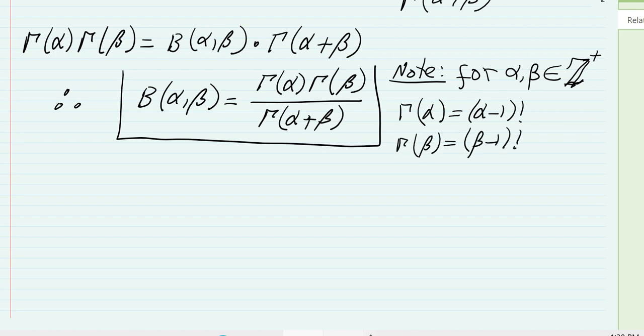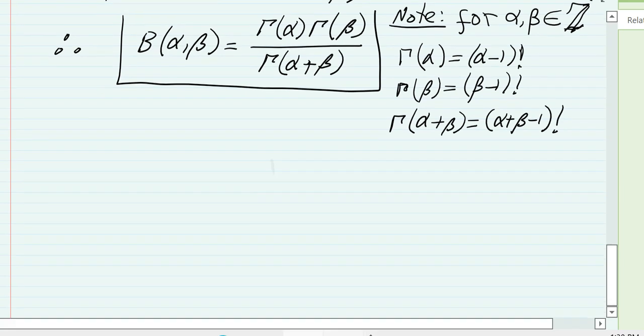In general, gamma of any positive integer is going to be that positive integer minus 1 factorial. And thus in the denominator I can write gamma of alpha plus beta as alpha plus beta minus 1 factorial. So you may see this relationship in terms of factorials also.